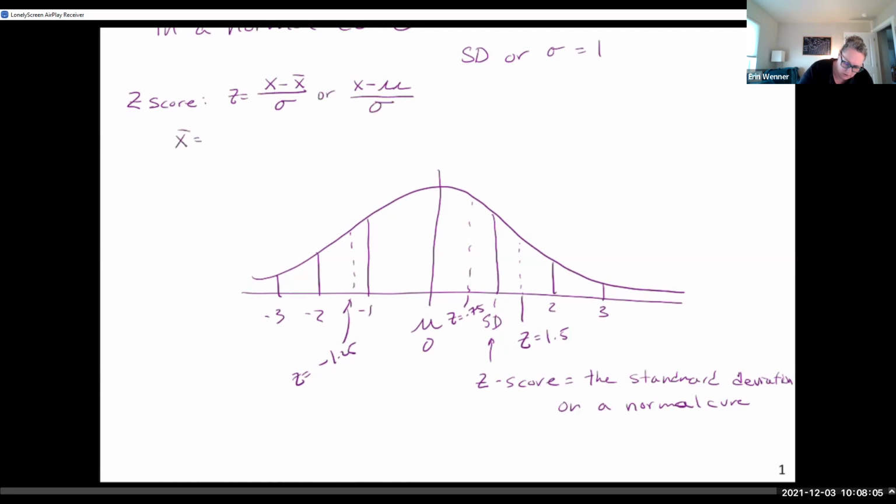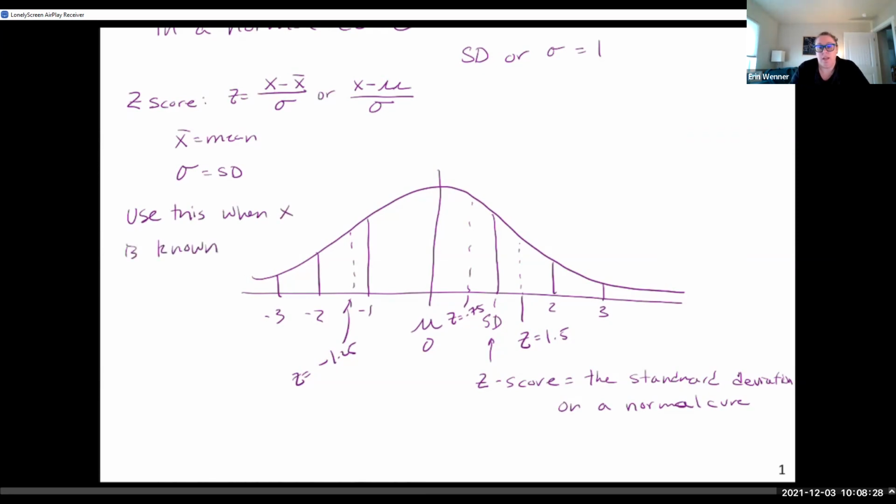Remember, x bar is your mean and sigma is your standard deviation. We would use this when x is known.